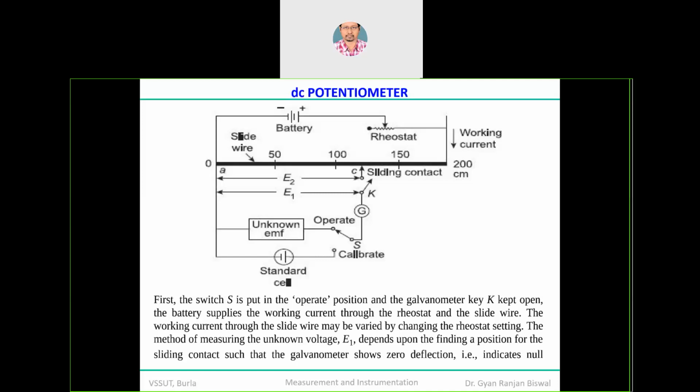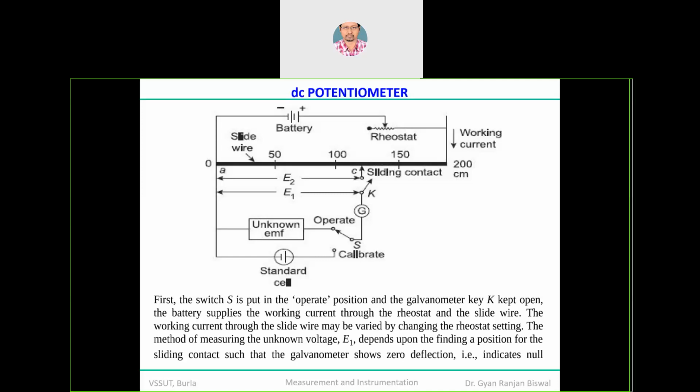And then we apply the unknown EMF, and then we try to find out the values. So for example, if the total distance is d between 0 to 200 centimeter as shown in this example, and the effective distance covered under E1 or E2, say between point A and C, is equal to small d.